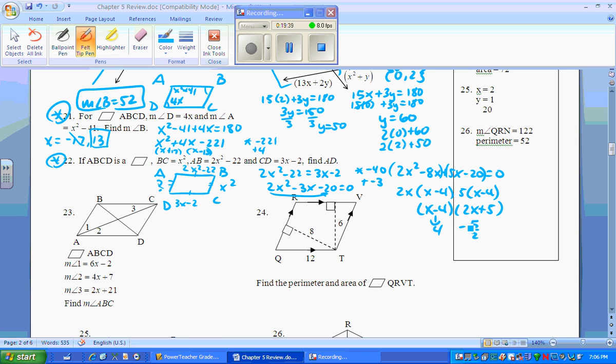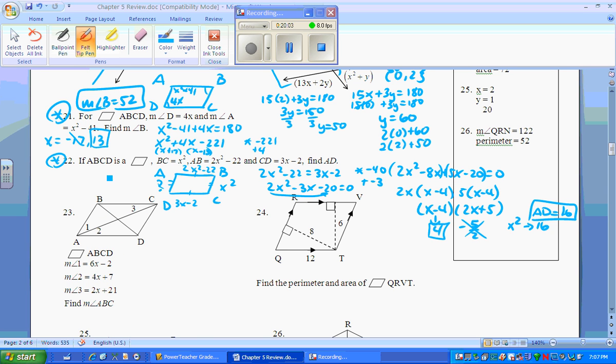CD can't give you a negative 5 halves, so 4 is the only one that works. You want AD, so x squared is equal to 16, so AD equals 16 for our answer.